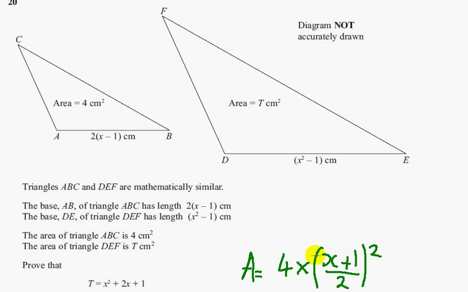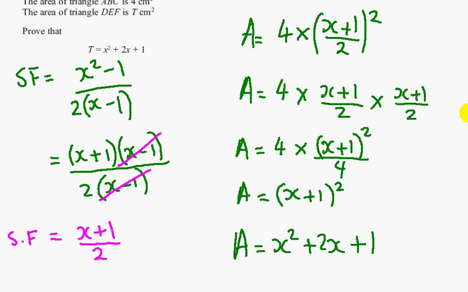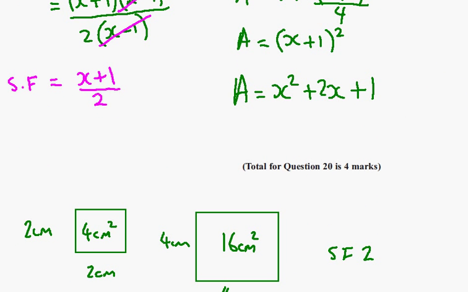We have to times it by the scale factor squared to get us the area of the large triangle. Okay, and so we end up with x squared plus 2x plus 1, which is what the question's asking. Okay, so question 20 is worth 4 marks.